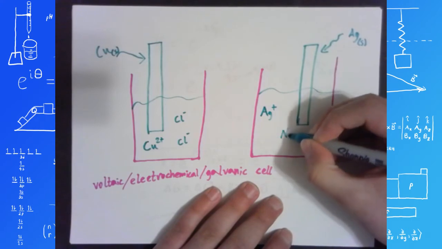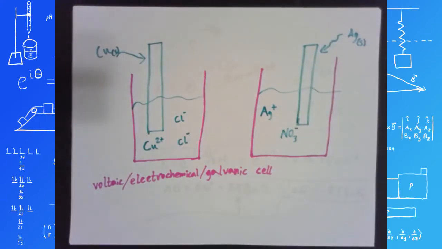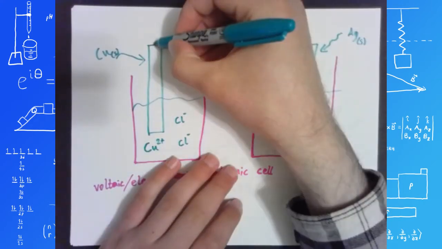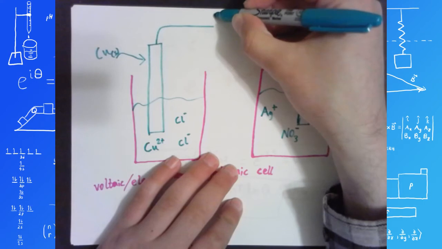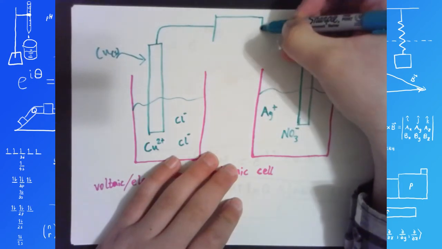So you'll have silver ions and nitrate ions inside here. Okay, and we can connect both of those metal bars by some wire to a device that we wish to power.